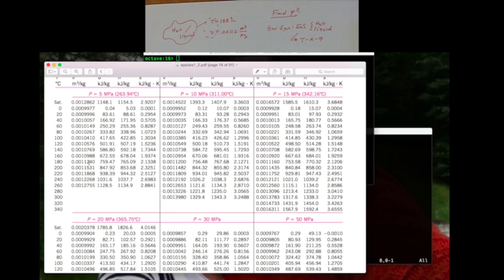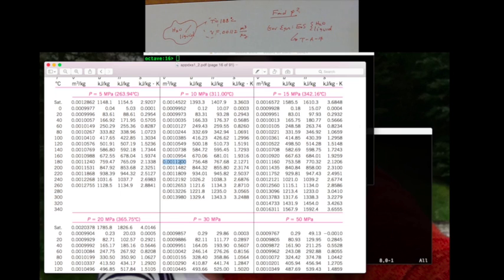We can see that the values would be bounded here at 5 megapascals by 0.011 and 0.011, with the third non-zero digit between 2 and 5. Moving over, it's between 2 and 4. And the red herring here is that this is actually the value that we are given for our specific volume, except of course our volume is supposed to be at 188 degrees centigrade, and this would be at 180.